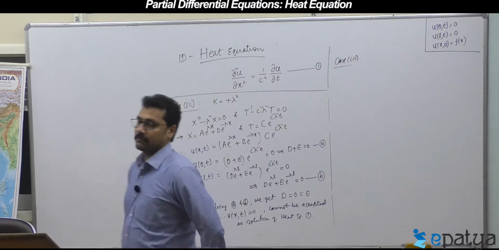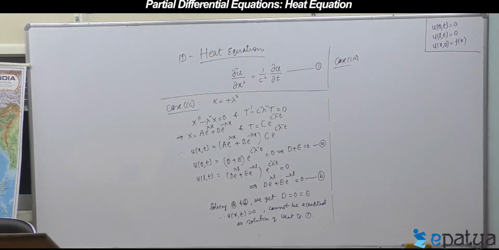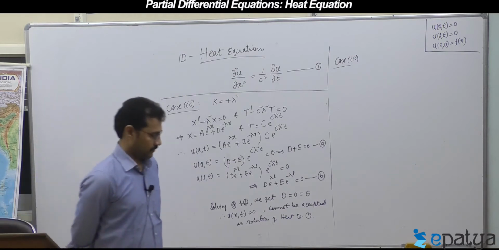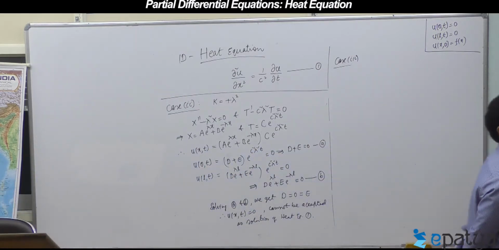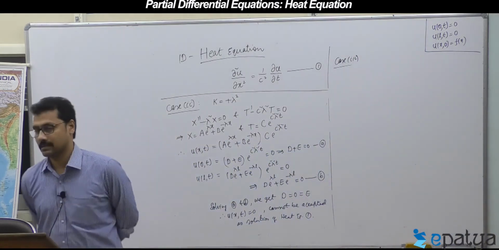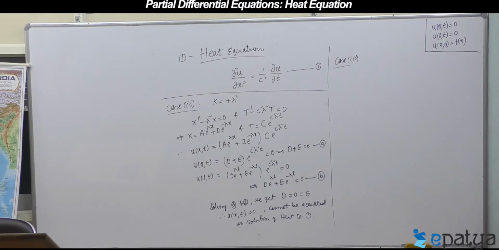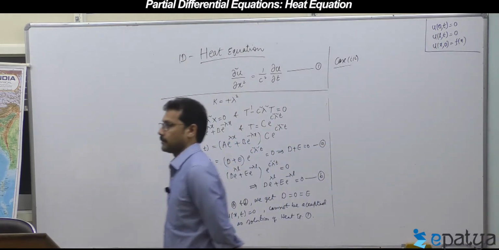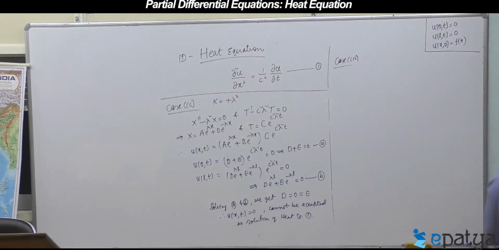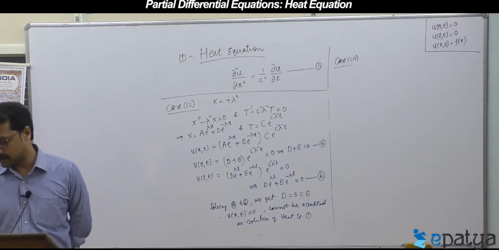And as small t goes to infinity, u goes to infinity, which cannot happen in a body unless there are heat sources inside the body.